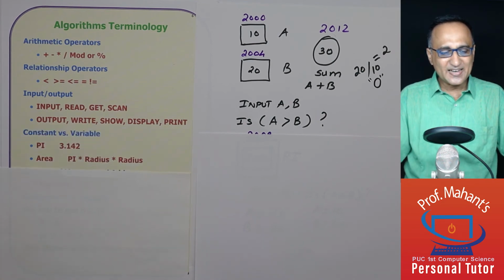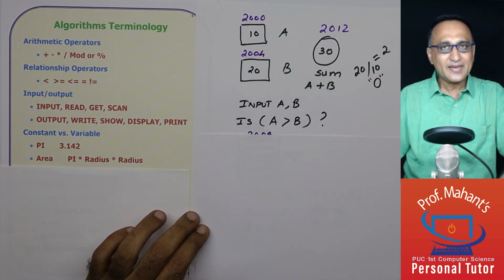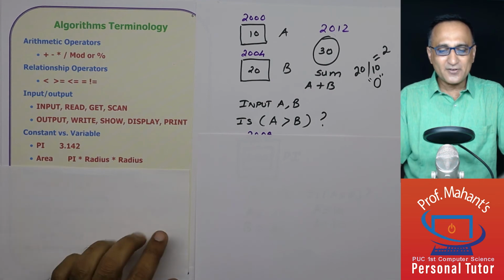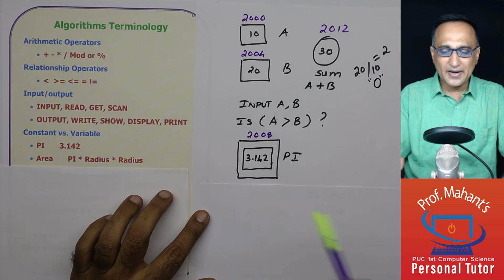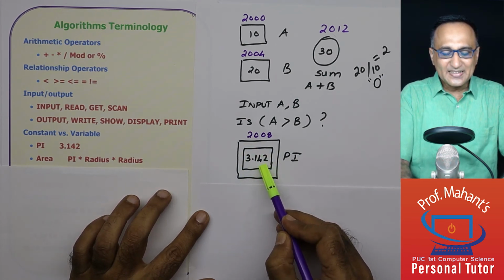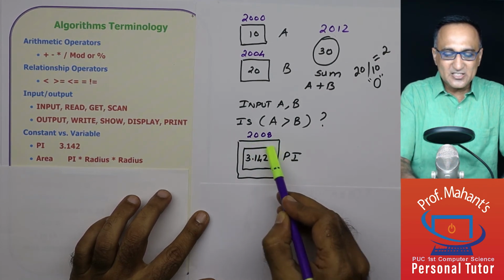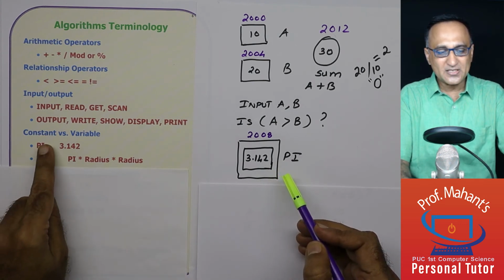Now let us understand a very important difference between what is a constant and a variable. The value of A, B and sum can keep changing every time based on what the user enters. Whereas if I'm calculating the area of a circle, I'm going to use a memory location called pi. I have drawn it with two rectangular boxes indicating that this value at memory location 2008 is non-changeable, and a data item which is non-changeable is known as a constant.